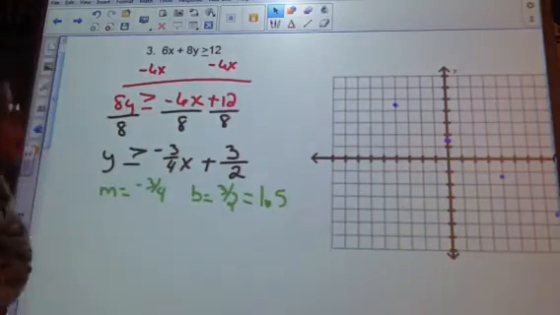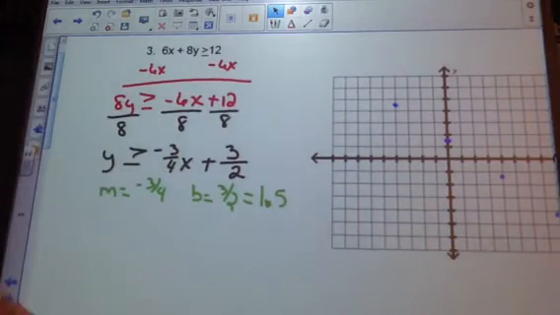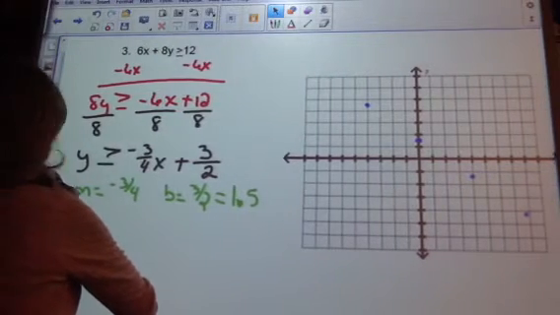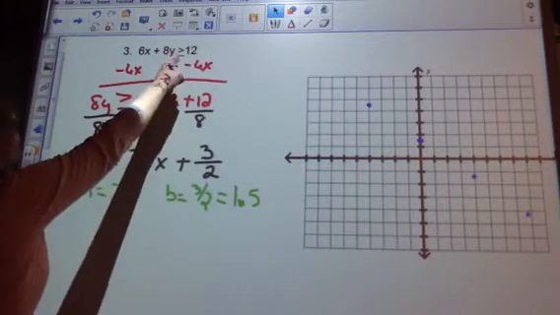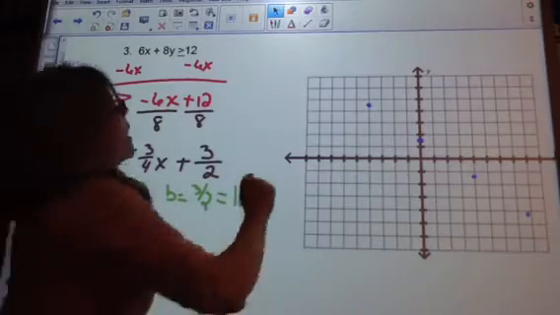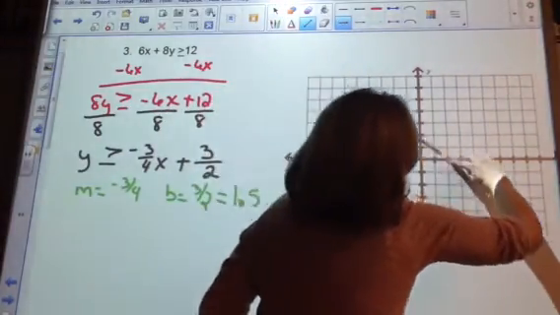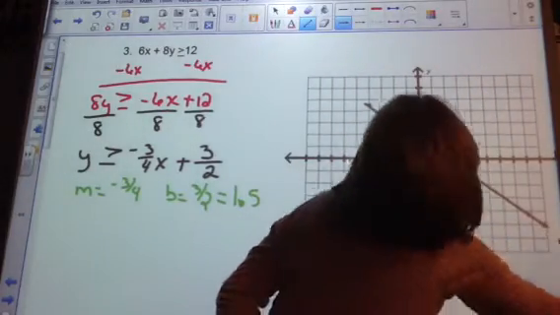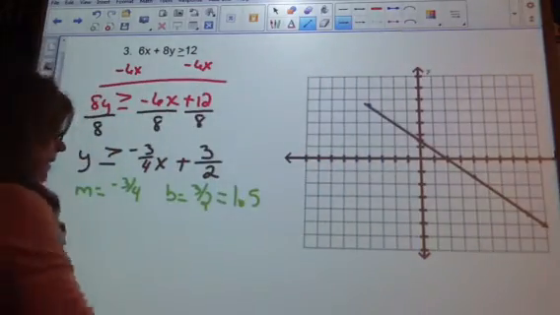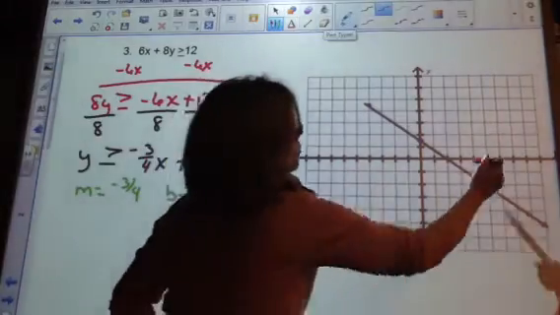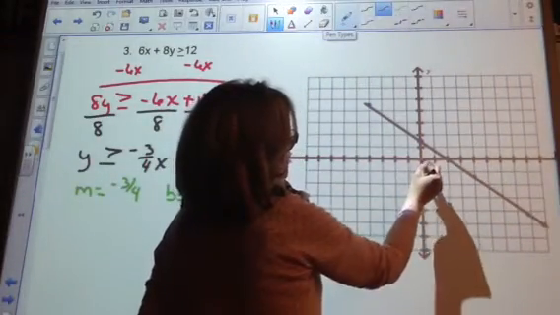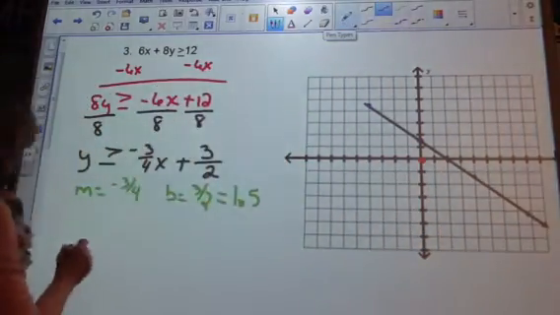All right, now we got to decide solid or dotted line. And we have greater than or equal, so it's going to be solid. Okay, now we got to test whether the solution set is to the right or to the left. I always like to test that origin.